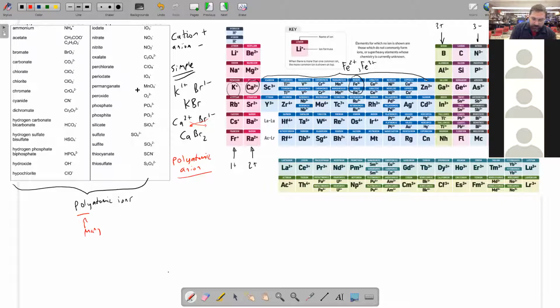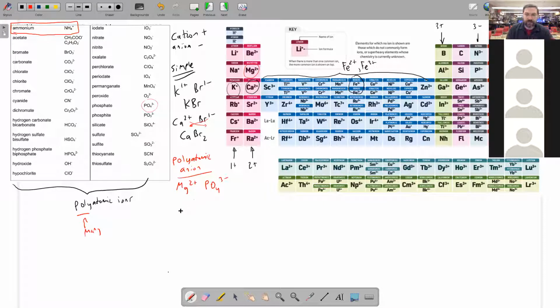So maybe you have a compound that's formed between magnesium and phosphate. Magnesium is a cation with a positive charge, and everything on this chart is actually an anion with the exception of ammonium, which is a polyatomic cation. So maybe you have a compound formed with magnesium, which has a charge of 2 plus, and phosphate with a charge of 3 minus.